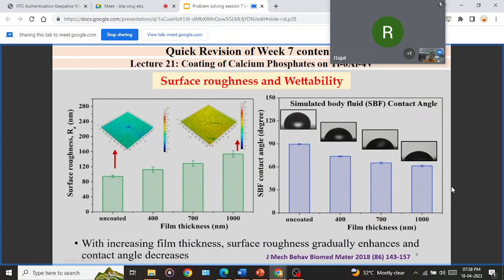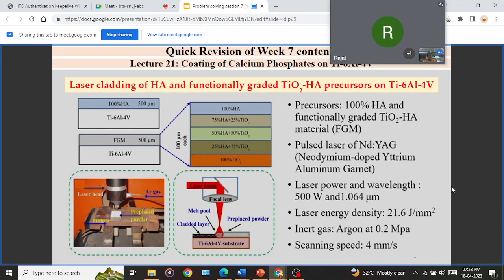So as the film thickness increases, the contact angle decreases. You need to remember, with increasing film thickness or deposition time, the surface roughness gradually enhances and the contact angle decreases.